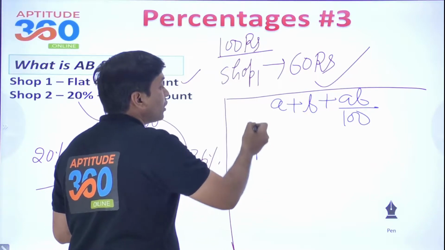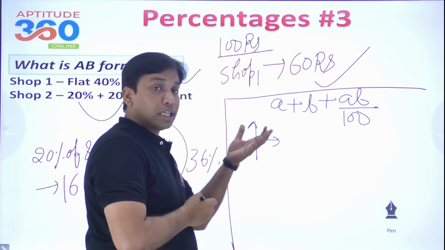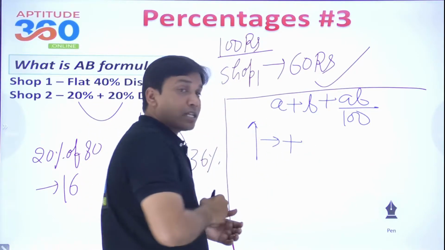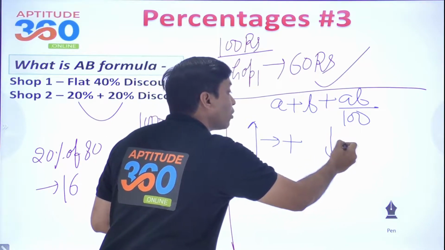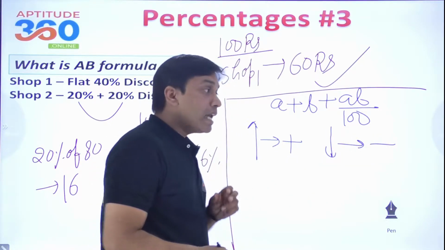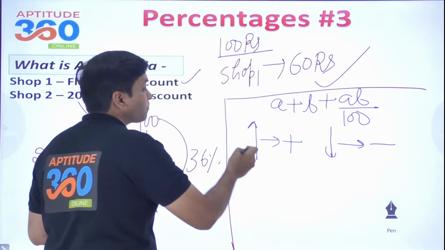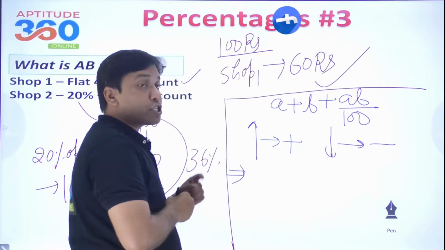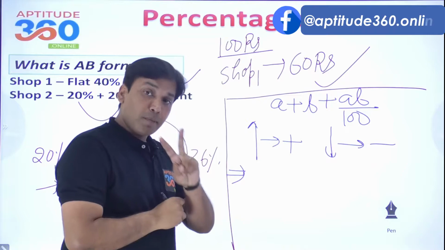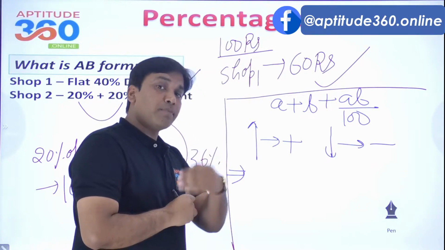The only thing that you need to take care of is whenever you're talking about increment, that sign should be taken as positive, and whenever you're talking about decrement, the sign has to be taken as negative. Now understand this thing. In this problem, the shopkeeper says in situation number B, they are giving you 20% plus 20% discount.